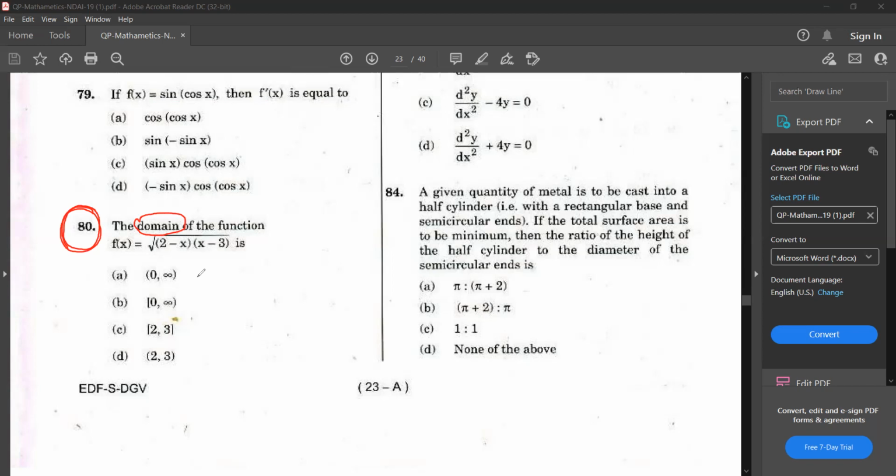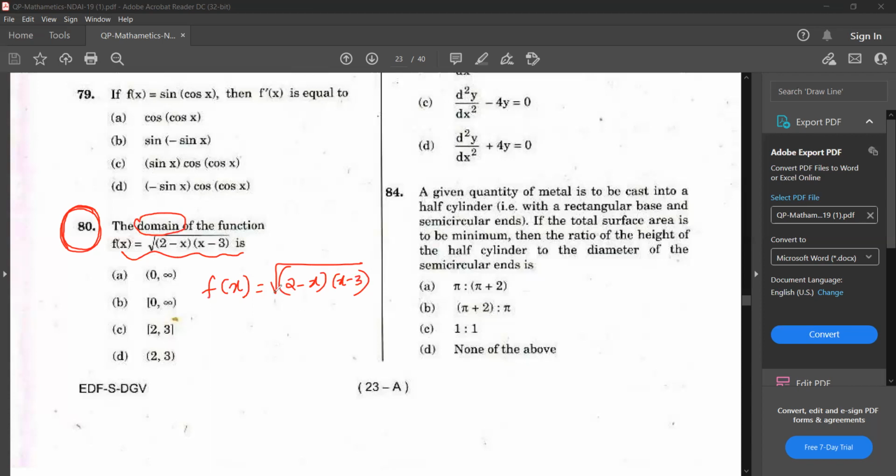Got it? You can get the answer in a single step. Listen, they are asking the domain of the function. The function is given as f(x) = root of (2 - x)(x - 3). So you have to find the domain of this function.